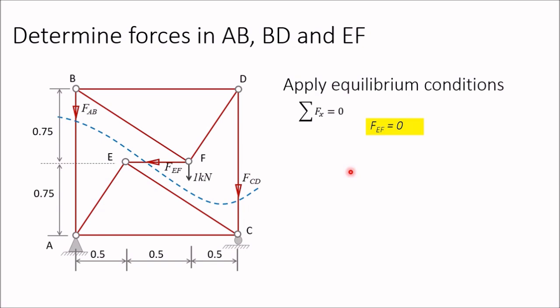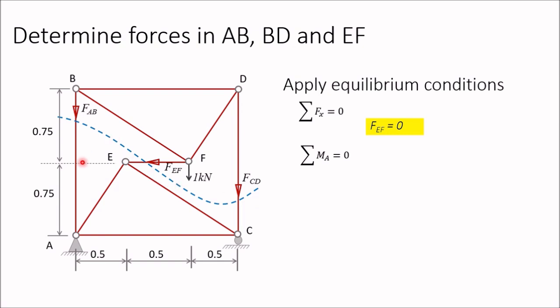Now next we will take moment equation. I have taken moment with respect to this point A, which is in lower part of the section, and it is not compulsory to take moment about a point which is on upper part of the section. So there are 4 forces: FAB, FEF, 1 kilonewton and FCD.